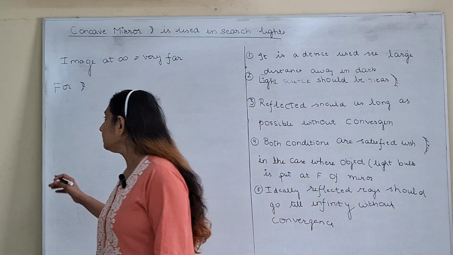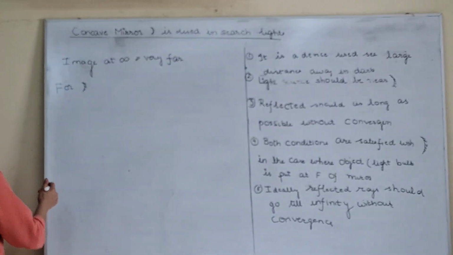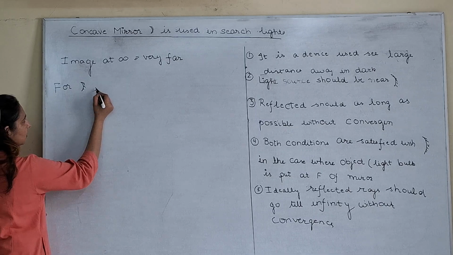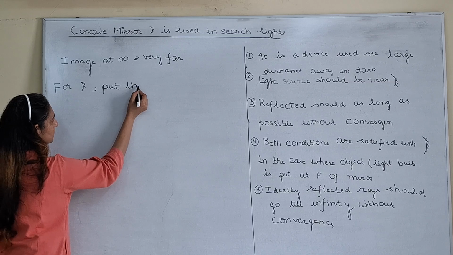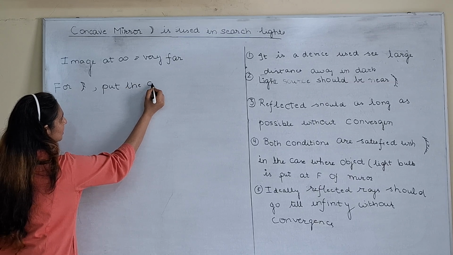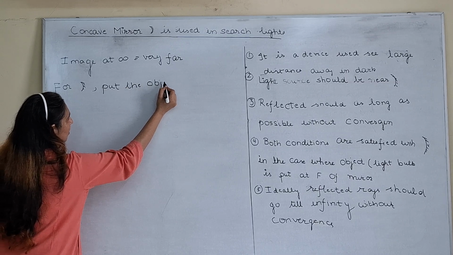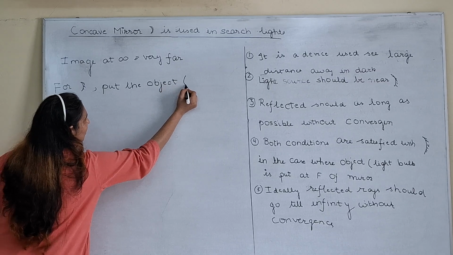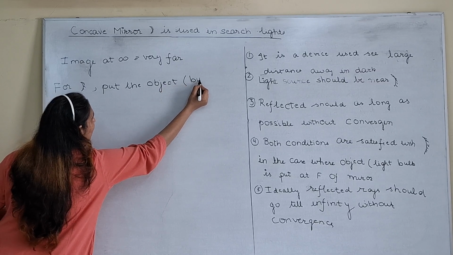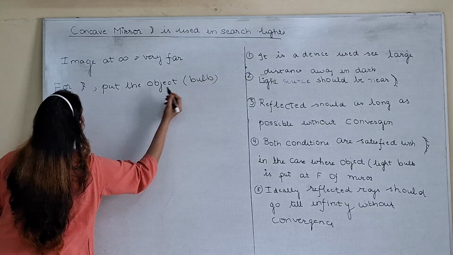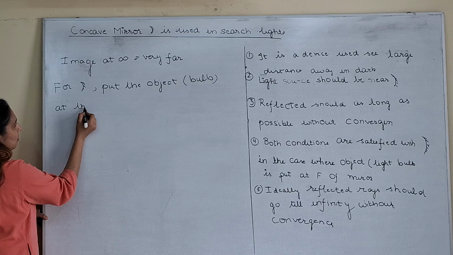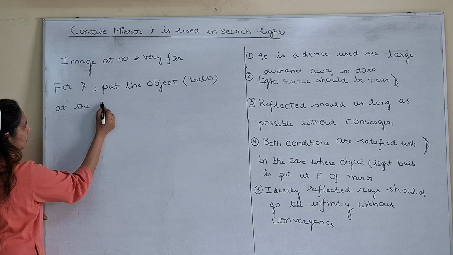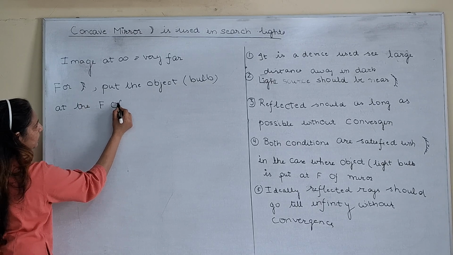So here the condition we'll use is, for concave mirror, put the object. Object means the bulb, at the focus of mirror.